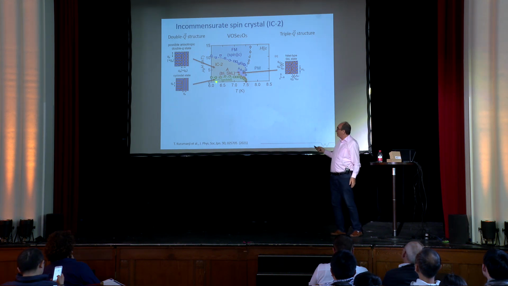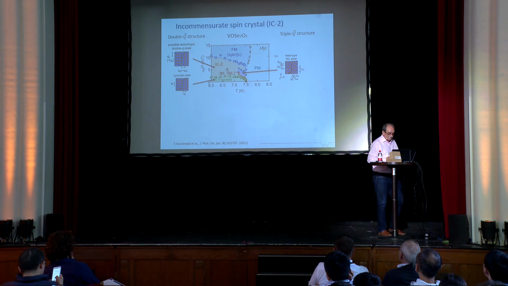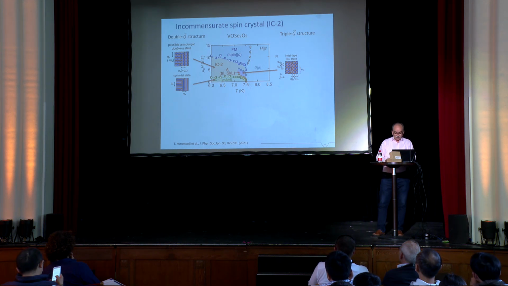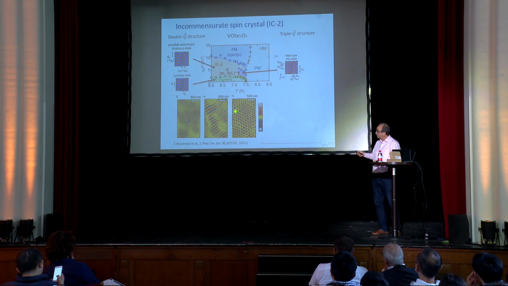But besides that, we have a cycloidal type of pattern, and also this IC2 phase, which is this spin crystal, exactly this one. So this resembles this crystal very well.